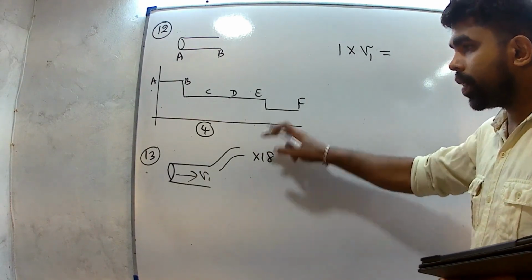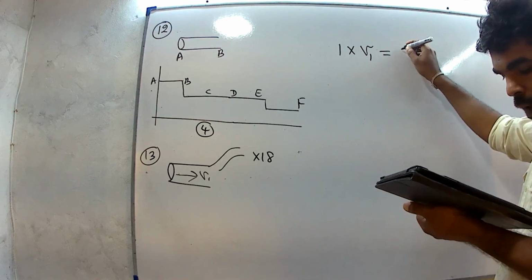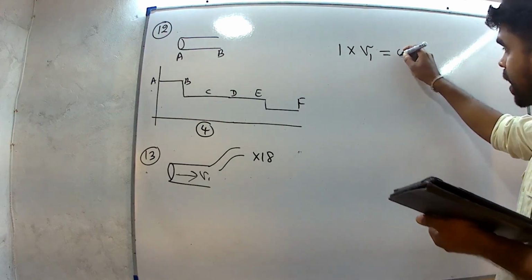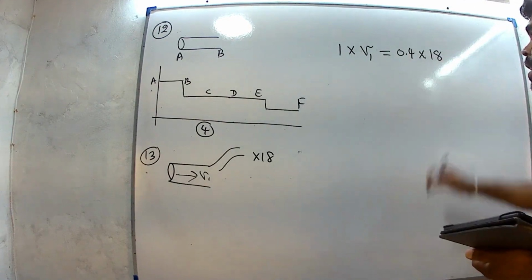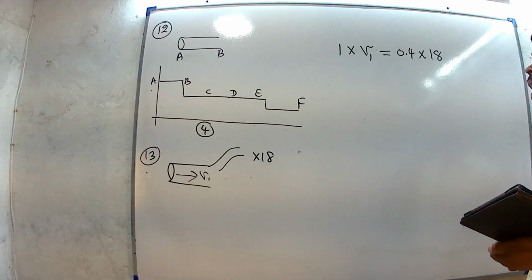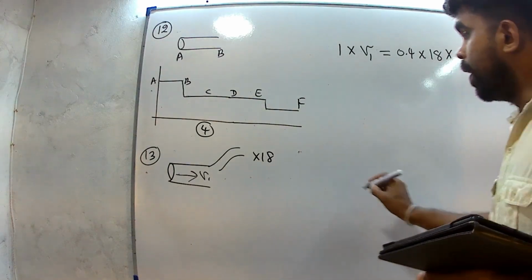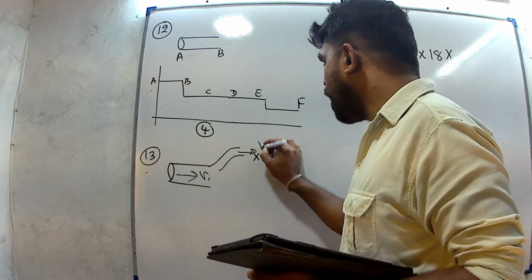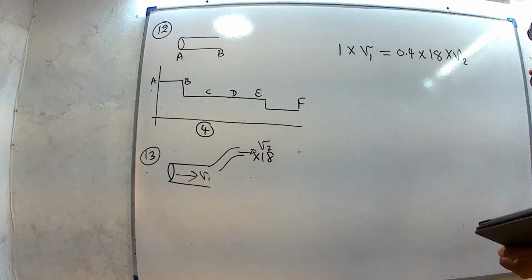AV for the small arteries. Cross-sectional area for one small artery is 0.4. There are 18 arteries. Therefore, we have to multiply by 18 to get the total cross-sectional area. And the velocity for the small arteries is V2. AV should be constant.